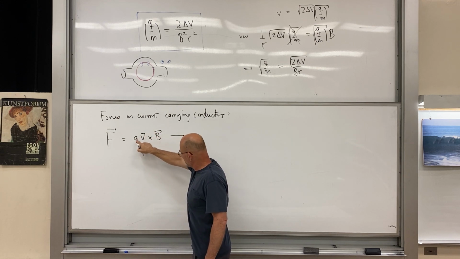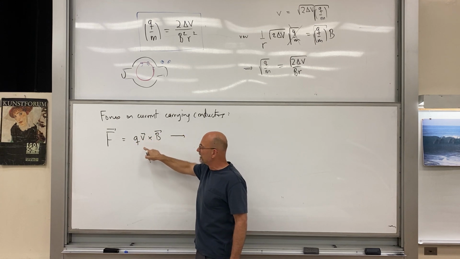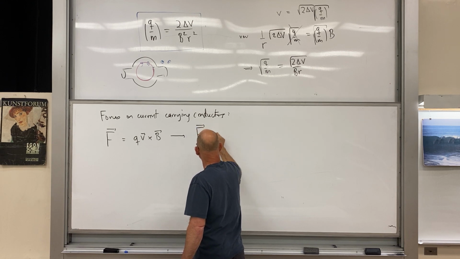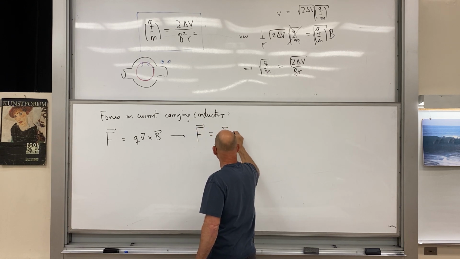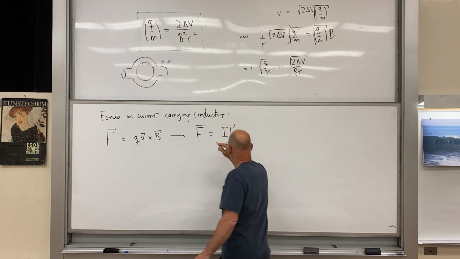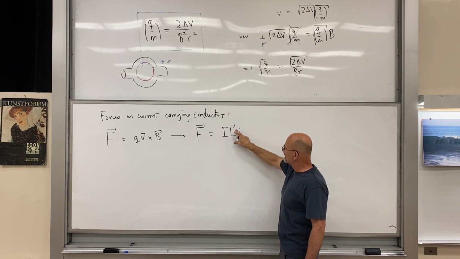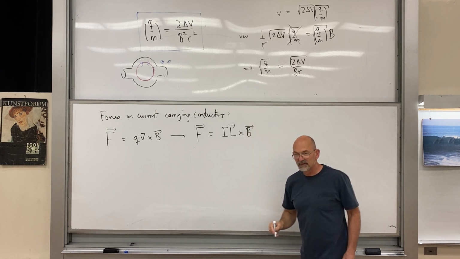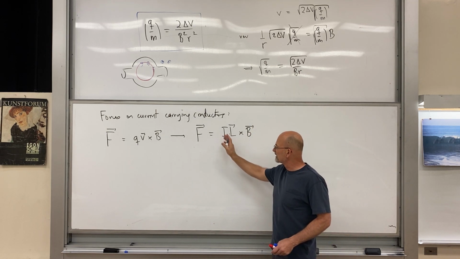We have charge times length per time, and that's just going to turn into F equals current times a length element cross the B field. Okay? One follows directly from the other.